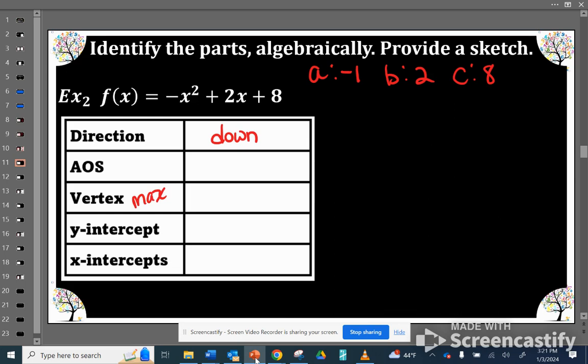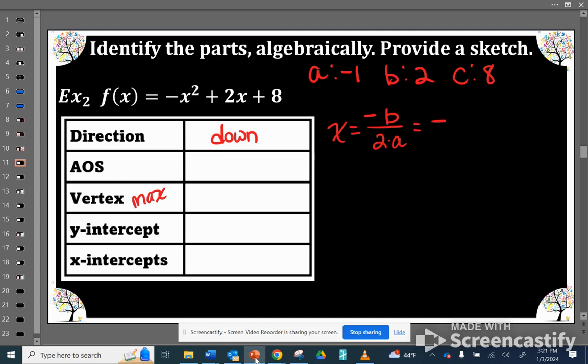It's a maximum point. To get our vertical line that divides our parabola into two symmetrical parts, the AOS, which goes straight through the vertex, we're going to use the formula x equals. Again, an AOS is a line, so we write it as an equation, x equals, and the formula is negative times the b value divided by 2 times the a value.